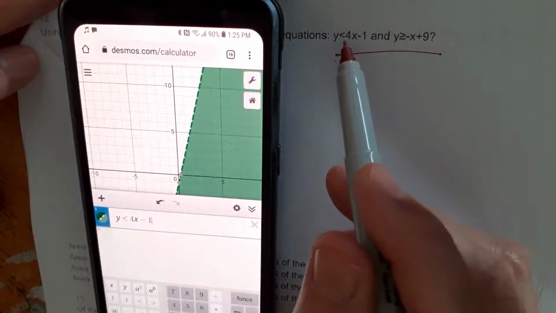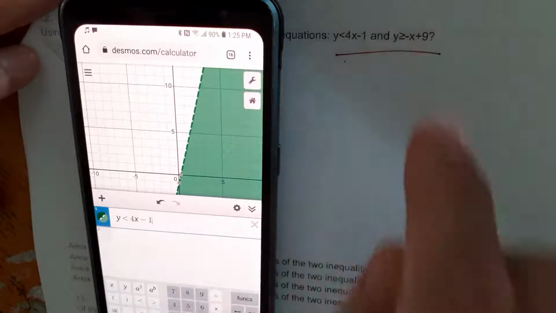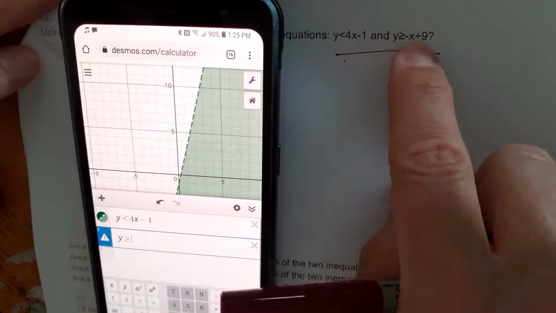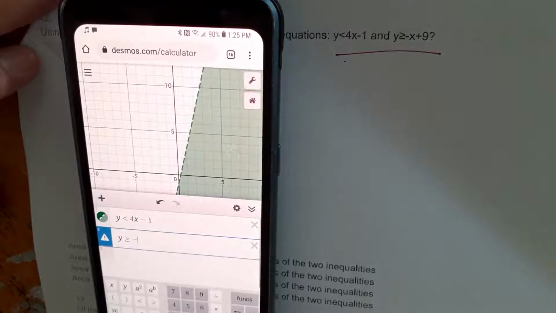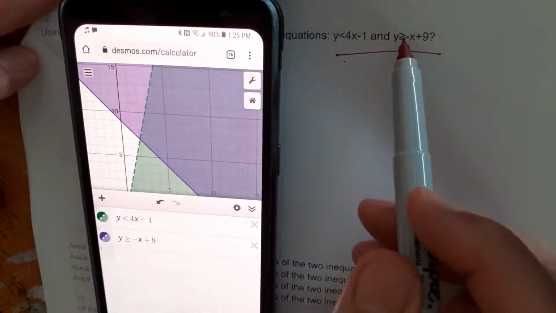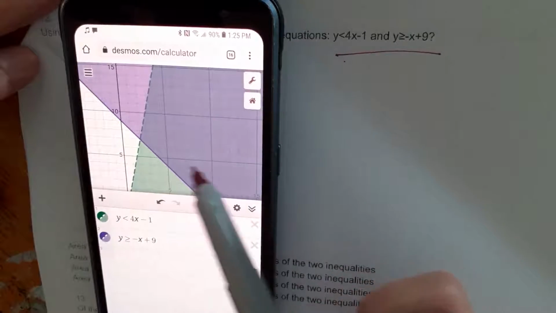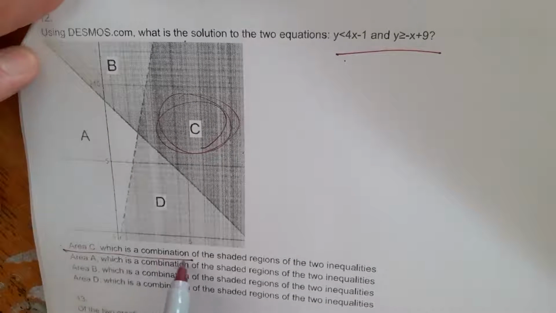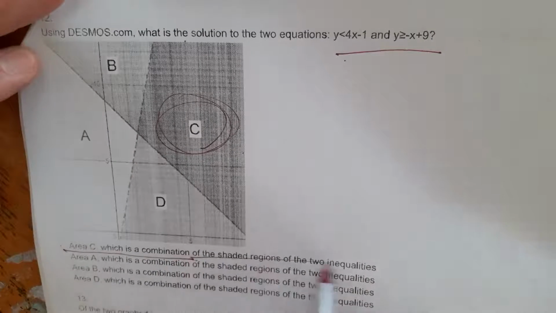It's dashed because there's no equals. y is greater than or equal to negative x plus 9. That's a solid line because it's got an equals in it. And so the combined shaded region is over here. So here's the combined shaded region, C, which is a combination of the shaded regions of the two inequalities.